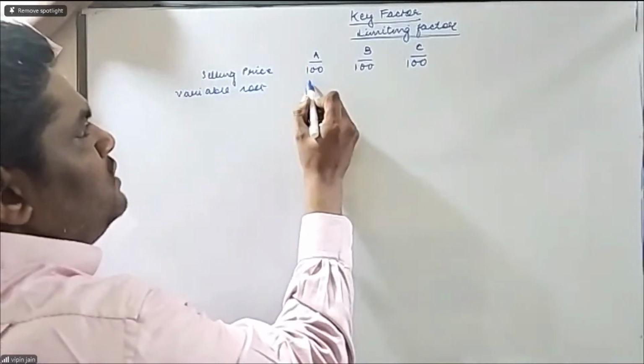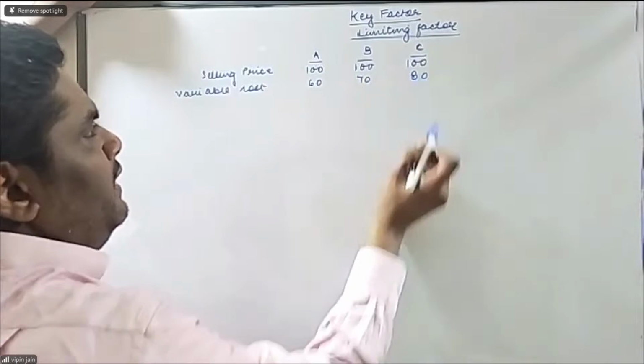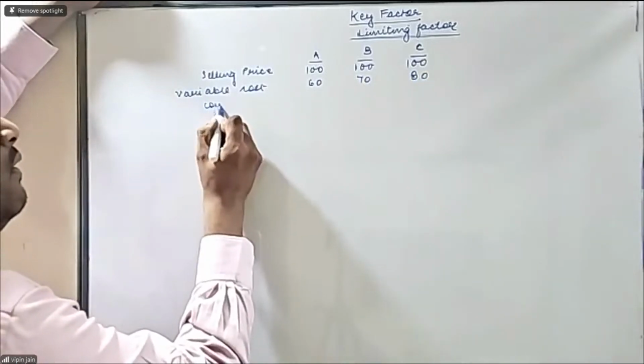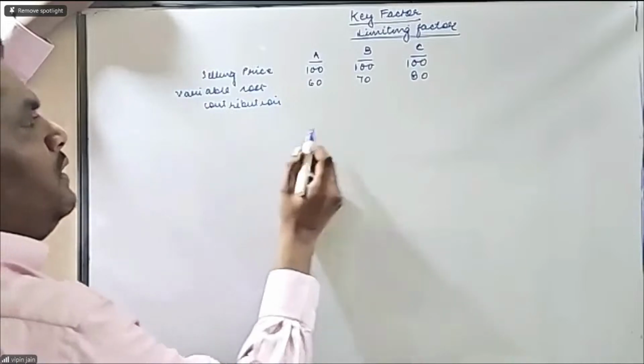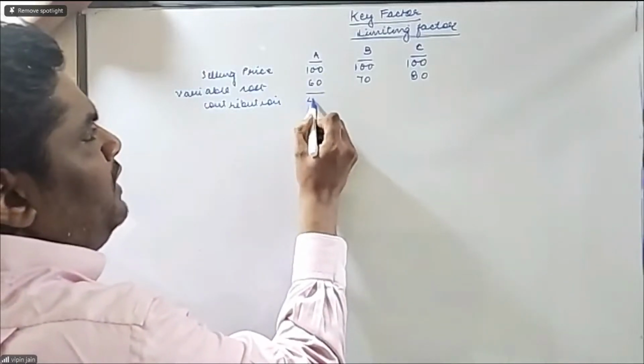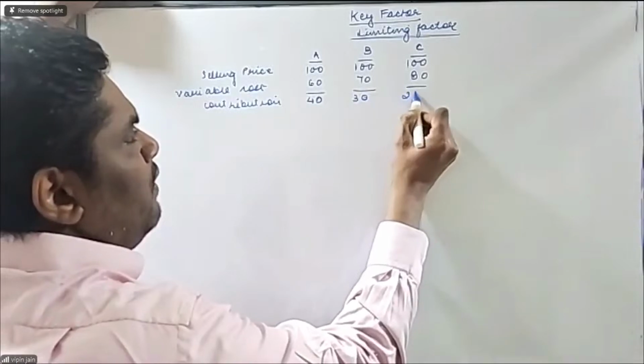Let's say the variable cost of these 3 products is 60, 70, 80. Therefore, my contribution will be 40, 30, and 20.